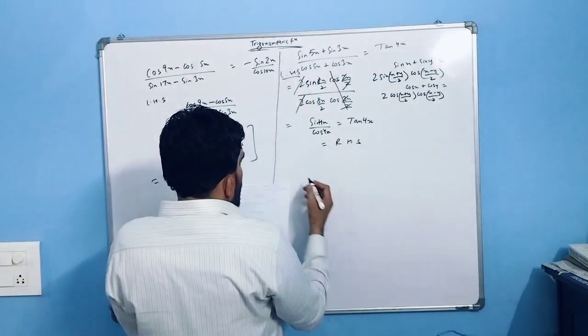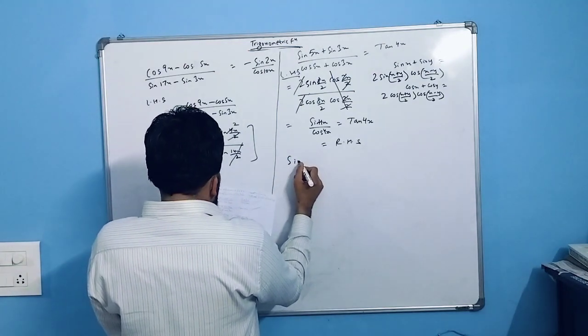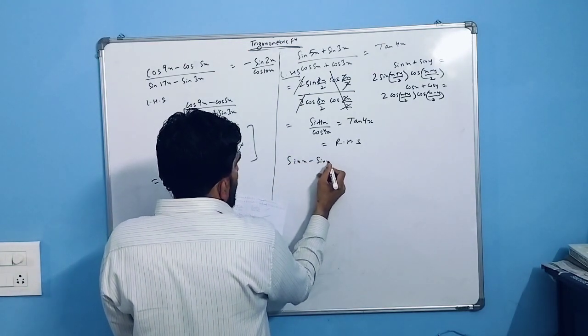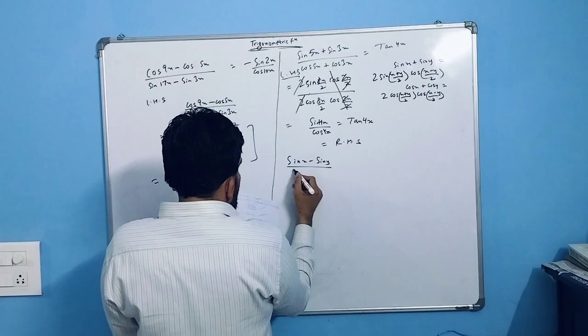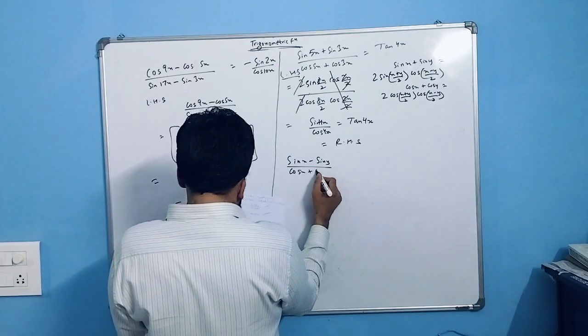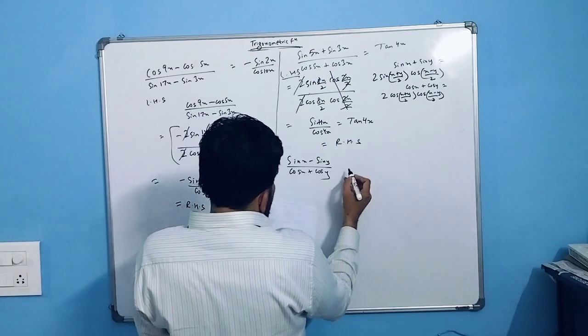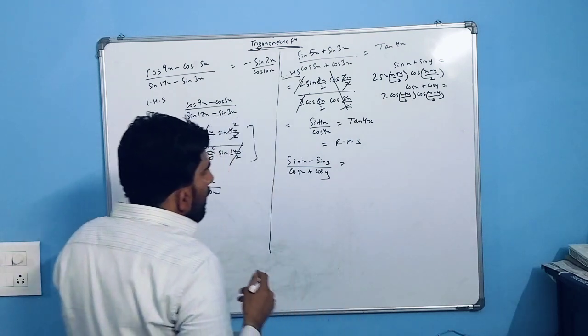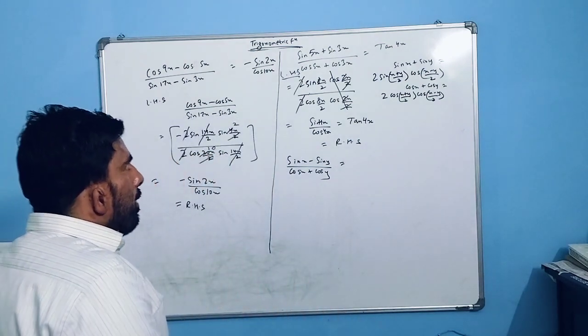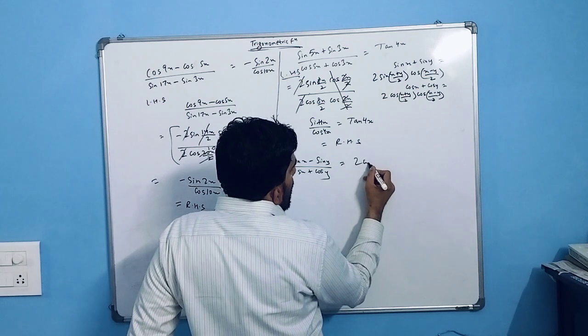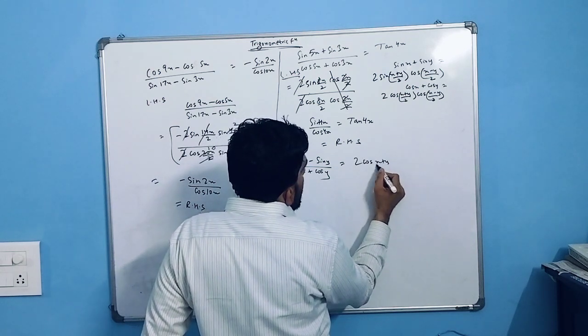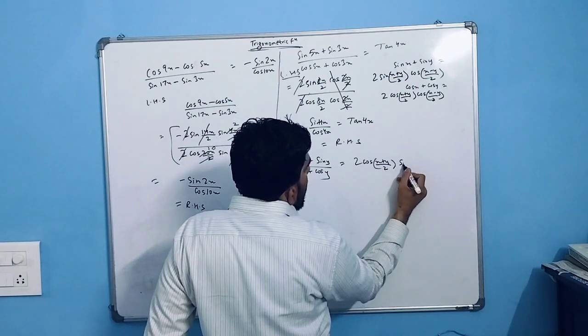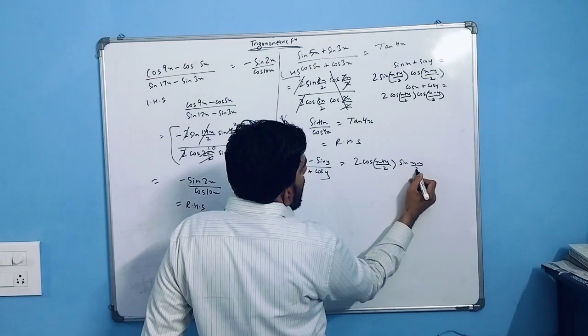Now I have one more, that is sin x minus sin y upon cos x plus cos y. Here we know the identity sin x minus sin y, that is 2 cos of (x plus y) by 2 sin of (x minus y) by 2.